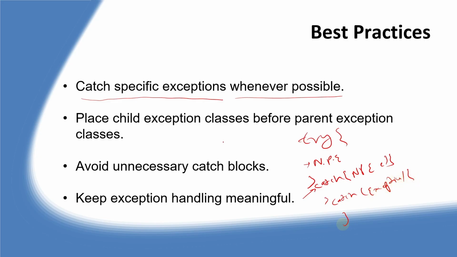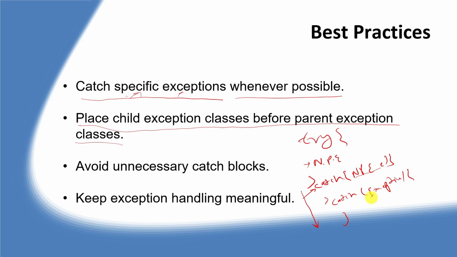So in this line it is saying whenever possible provide a specific catch block for a specific exception. Place child exception classes before parent exception classes. This is an important point, we have just seen it with the example. Whatever child class exceptions there are should be present before, because execution goes from top to bottom.